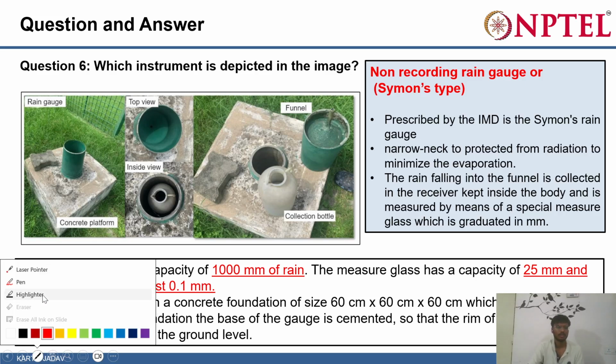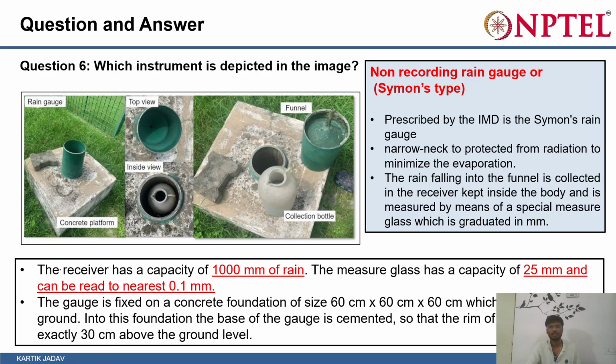This non-recording type rain gauge is also known as the Symons type of rain gauge, and it is generally prescribed by IMD. In the Symons rain gauge, the neck is narrow to protect from radiation, right? So this neck is narrow.